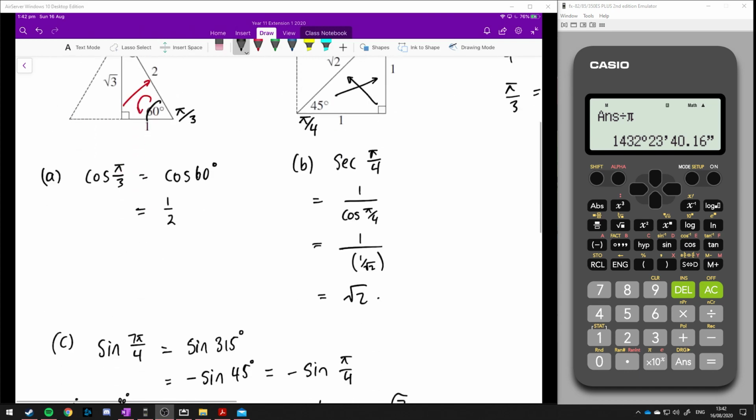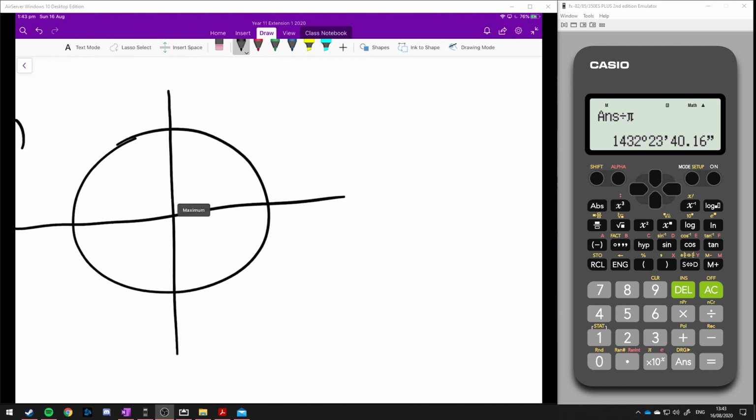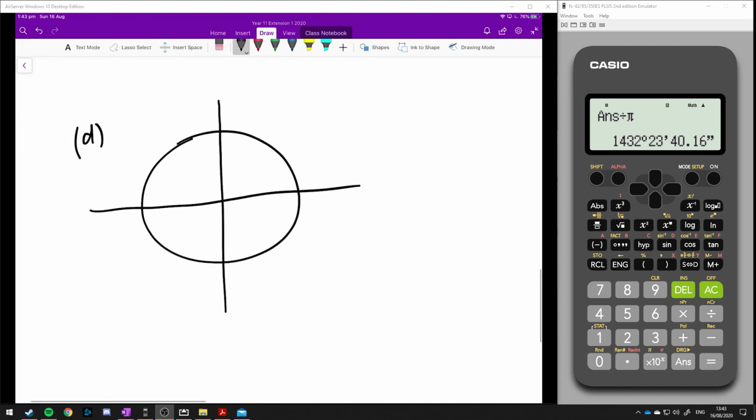Now, sec of 7 pi on 6. So 7 pi on 6 is a little bit harder. I'm going to draw a circle again to convey my point. Here's our good old unit circle, and on this unit circle we're going to look at all the different parts. As we said, our pi on 4 splits up that way, but our pi on 6, which is our 30 degrees, and our pi on 3, which is our 60 degrees, go there.